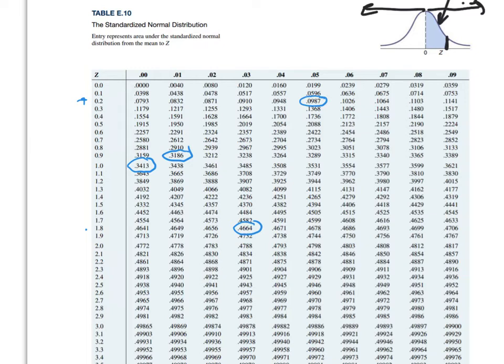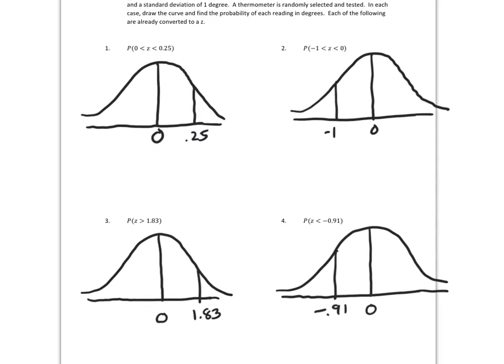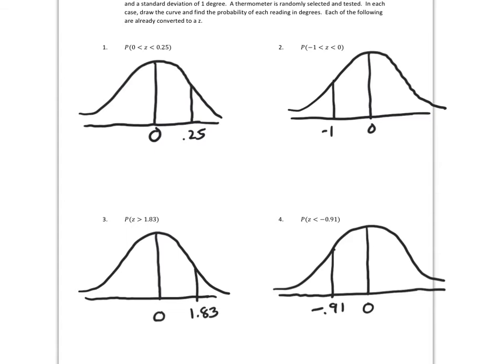Look up 2.00. 2.00 is 0.4772. Negative 1.0 is 0.3413. 2.00, 0.4772. 1.50 is 0.4332. All right, number 1, I've got z is between 0 and 0.25.